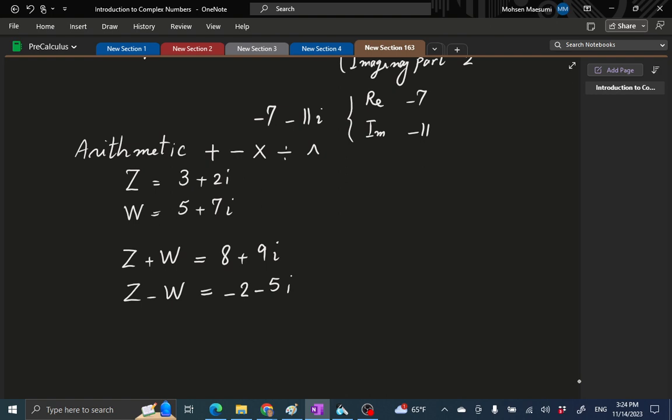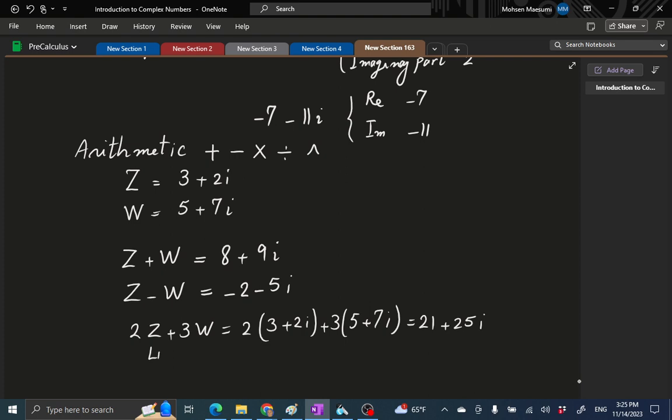What about so-called linear combinations, such as 2z plus 3w? So that's twice 3 plus 2i plus 3 times 5 plus 7i. We carry out these things just like you do in middle school. 2 times 3 is 6, 3 times 5 is 15, add them up is 21. 2 times 2i is 4i, and 3 times 7i is 21i, so 4 and 21, that's 25i.